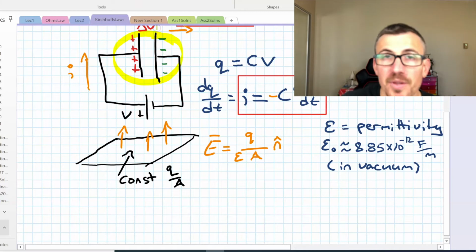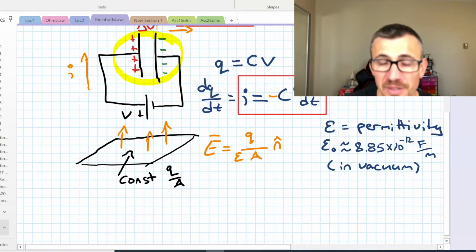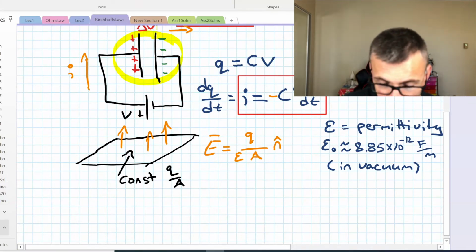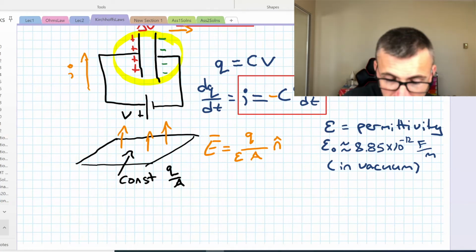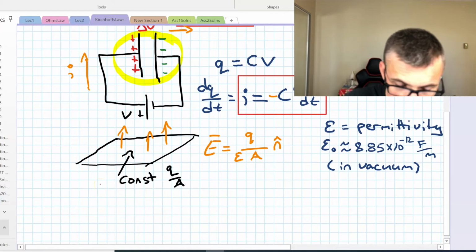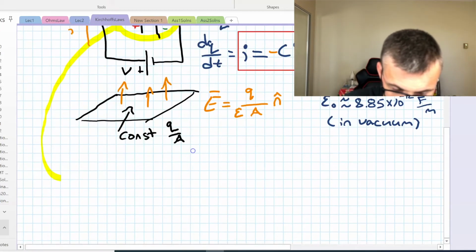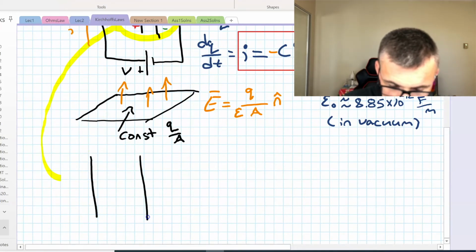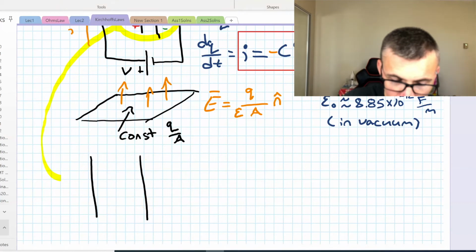So let's use this now for the above situation. We've charged up 2 plates of metal that are facing each other, separated by a distance d. Let's zoom in here. We have 2 plates, and each one of them produces a field.